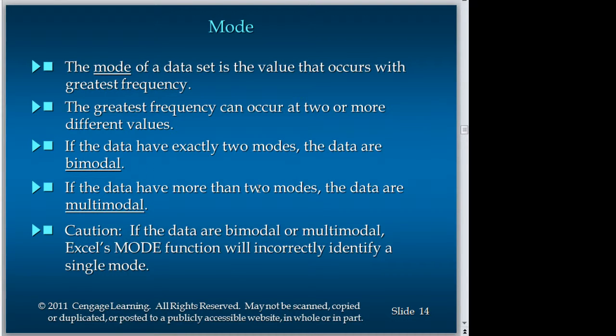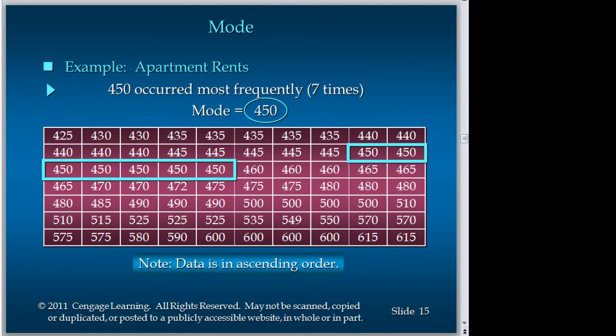If you have more than two modes, then you can say it's multimodal. But in many cases, it's just going to be a single mode, right? And as you can see here, if you use Excel's built-in mode function, it wouldn't catch the multimodal or bimodal case. So we have to be careful of that.